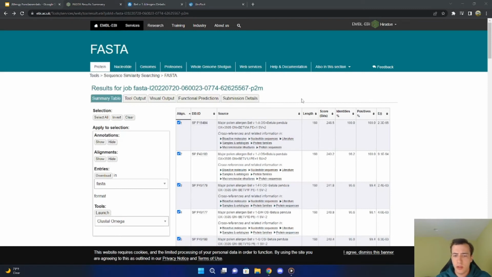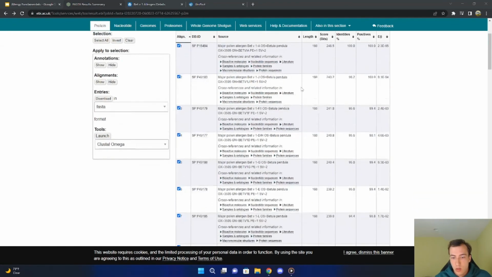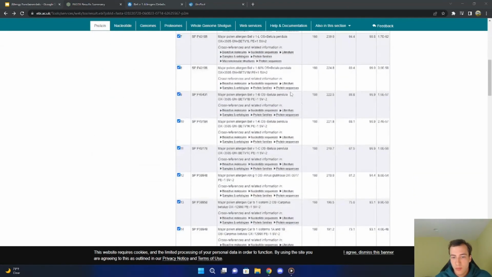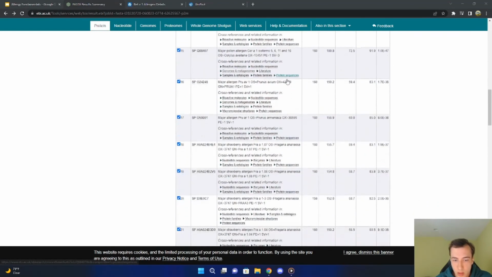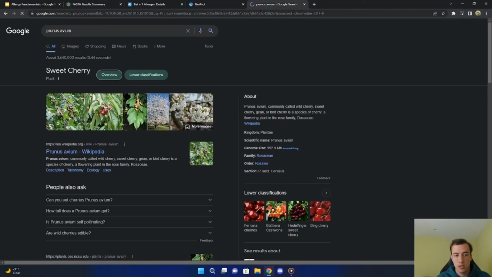Alright, that finished loading. So what we look at here is we have a bunch of results, and we have allergens that are similar to the one that we entered, which was birch pollen. And we scroll down here until these are other pollens. So let's go down to some foods here. And we see here Prunus avium, and we see what kind of food that is, and that's a sweet cherry.